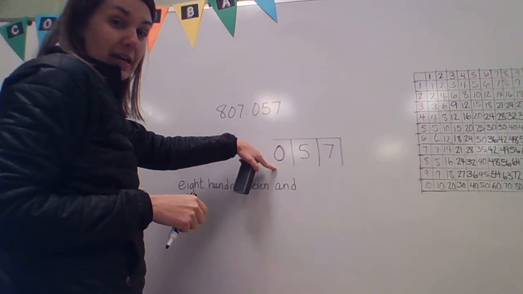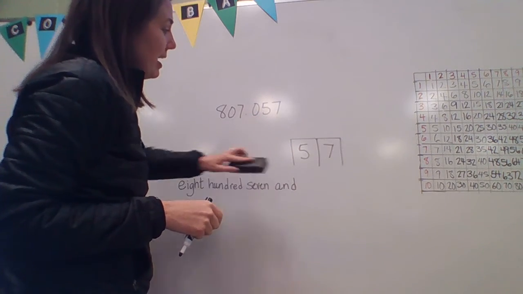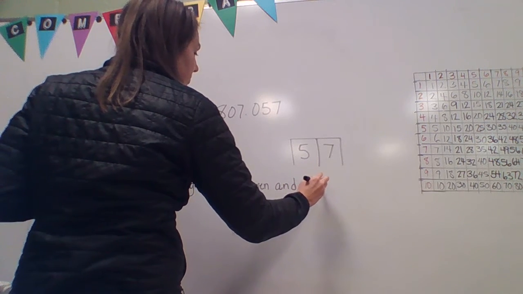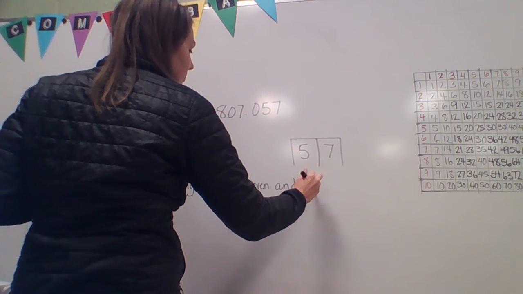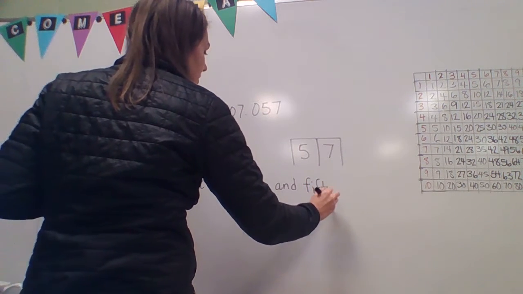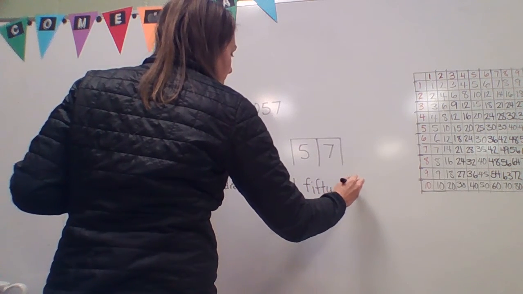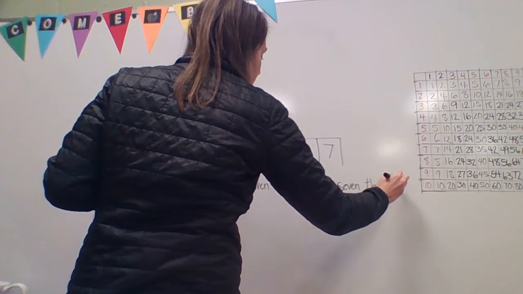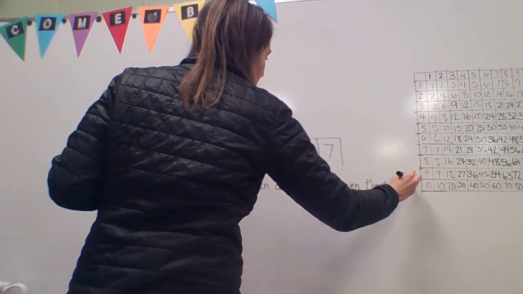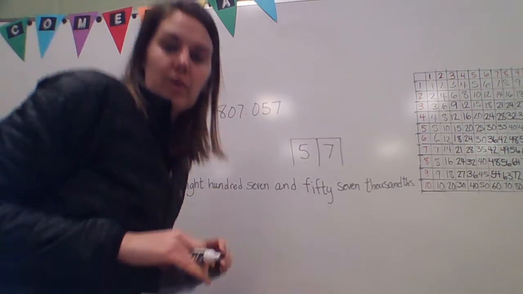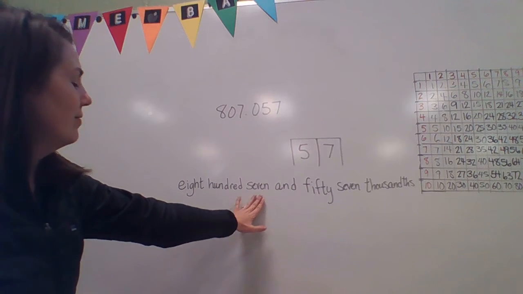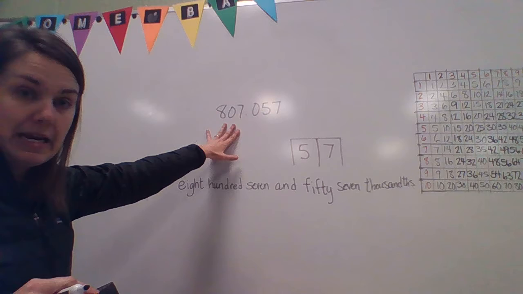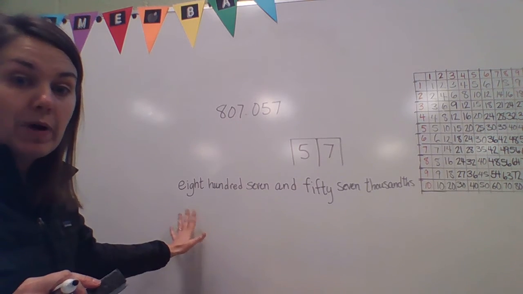I have 0 tens, so I'm going to ignore that and say that I have 57 thousandths. So 807 and 57 thousandths is how we would say this number and how we would write it in word form.